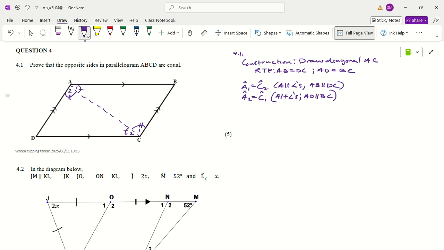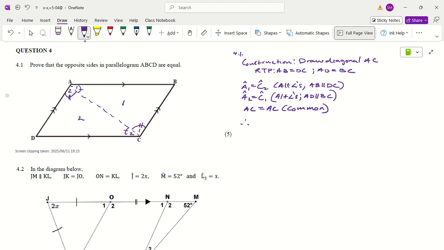Then now in the two triangles, so we have triangle 1 and triangle 2, and in the two triangles you'll see that AC is a common side. So AC in triangle 1 is equal to AC in triangle 2 because it's common.